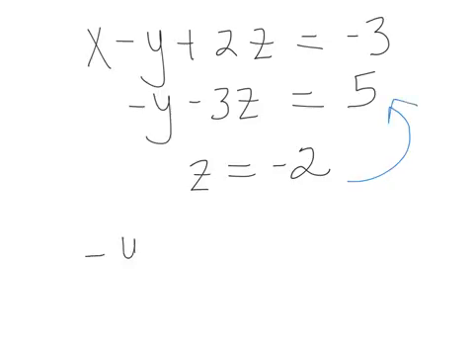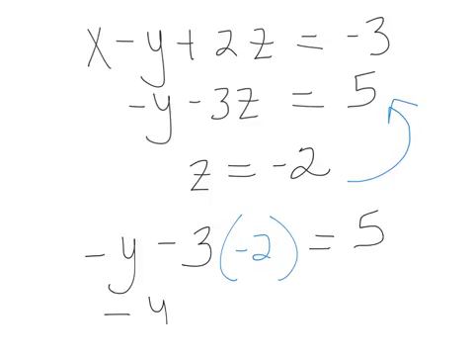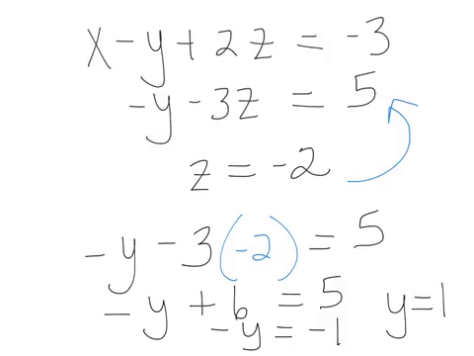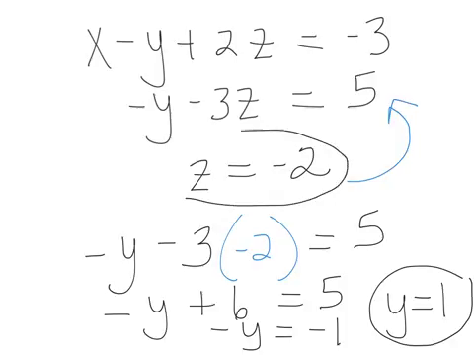So we've got negative y minus 3, z is negative 2, equals 5, or negative y plus 6 equals 5. Subtract 6 from both sides. So negative y is equal to negative 1, or y is positive 1. So we know y, we know z, and now we can plug it in to figure out x.